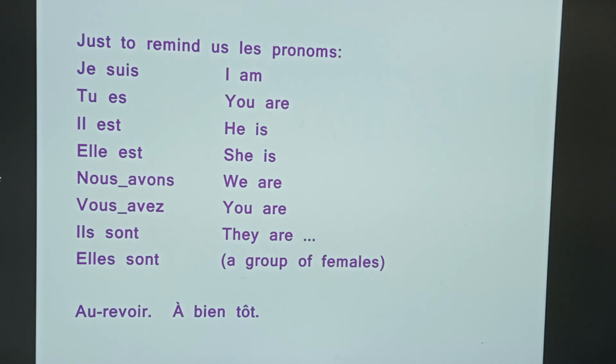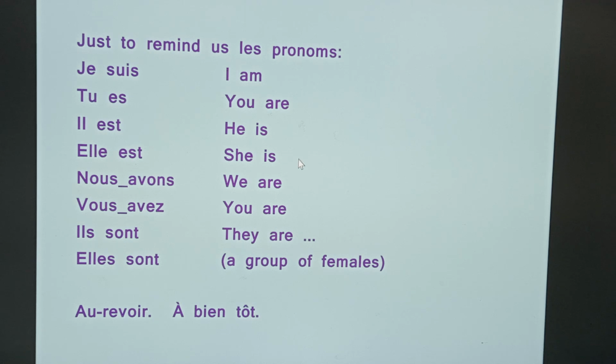Je suis. So the first one is suis. Okay, I'm trying to see my mouse. Okay, there you go. Je suis. Tu es, il est, elle est, nous sommes, vous êtes, ils sont, elles sont. This is the être verb, and this is very important.